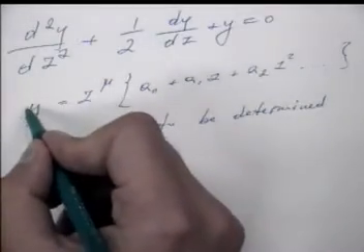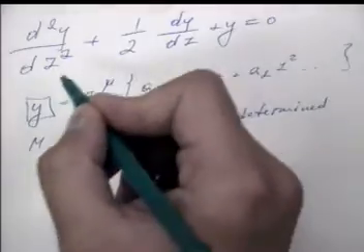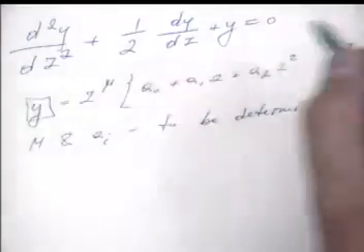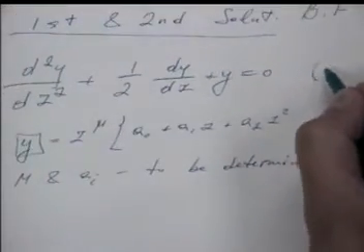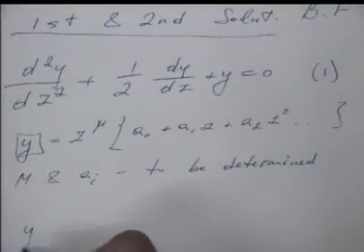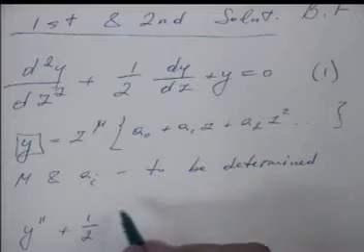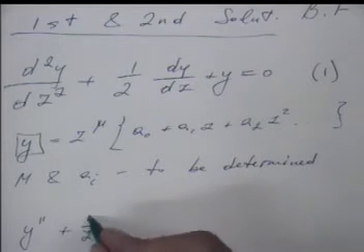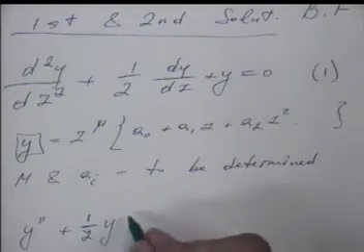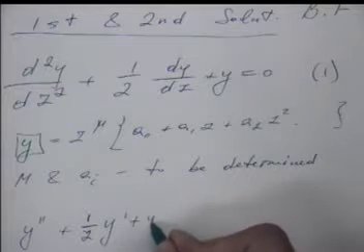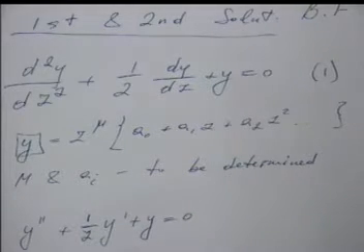So this series we're going to substitute into equation 1, which has the form y second derivative plus 1 over z times the first derivative, plus y equals 0.